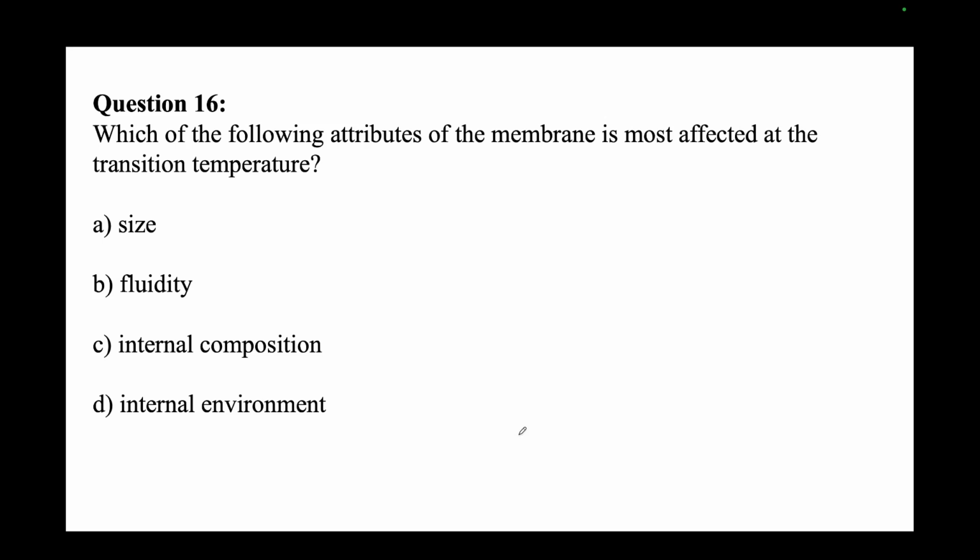What do we mean by transition temperature? It is basically the melting temperature, from where the membrane is transitioning from one form to another.